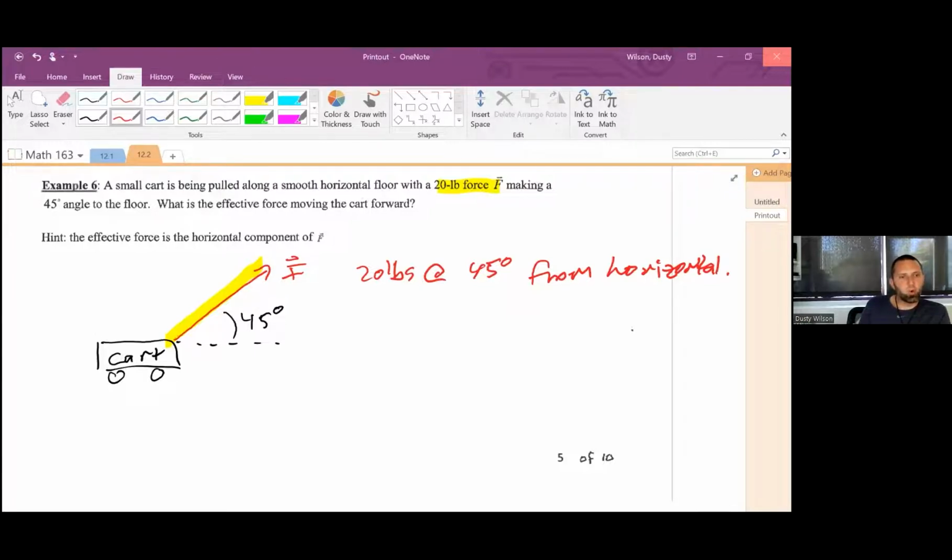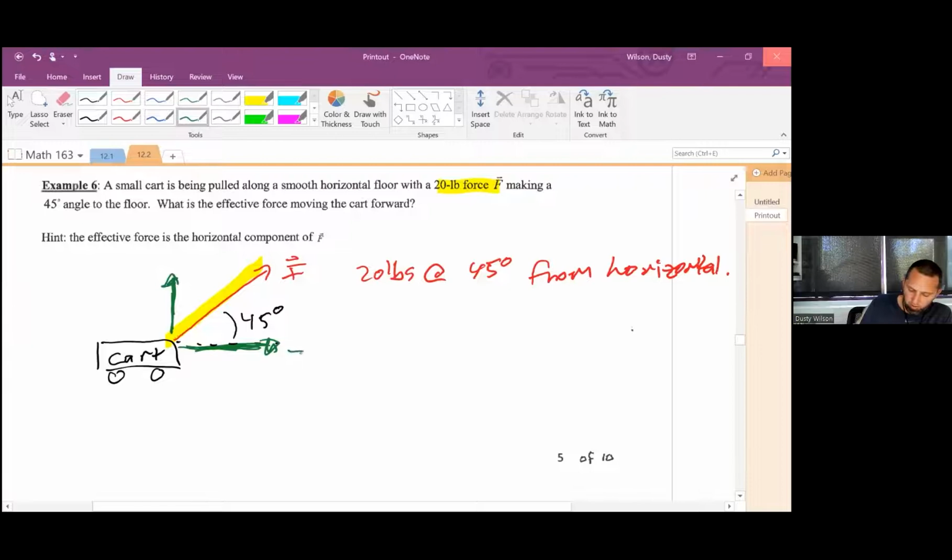And so what I want to point out is that if you're pulling at an angle, then some of your force is pulling up and some of your force is pulling over, right? Or if I phrase it another way, some of that force is horizontal and some of that force is vertical.